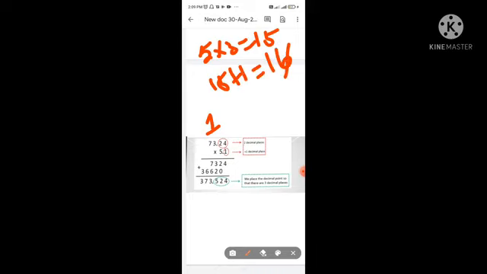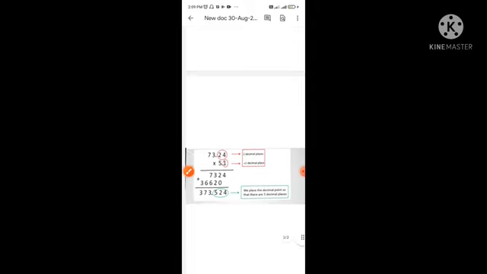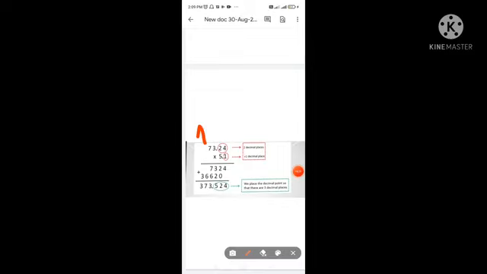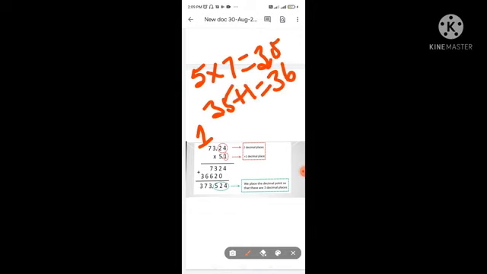So I cut the 6 and write under the thousands place and carry the remaining 1 into the next place. Then 5 sevens are 35. 35 plus remaining 1. What comes now? 36. So I write 36.